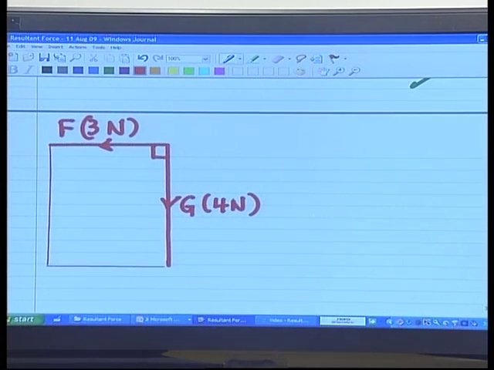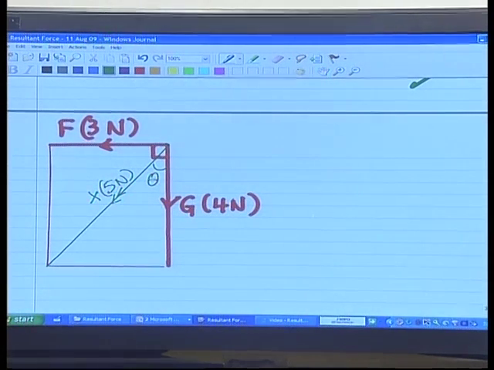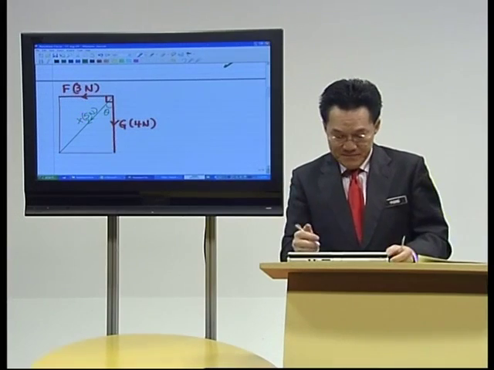It's good for you to draw it again, then you will understand it clearer as you do it many times. This is x. Now we have already worked out that x is 5 newtons, and this is theta. So I want to calculate what theta is.